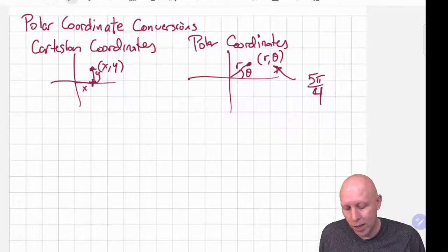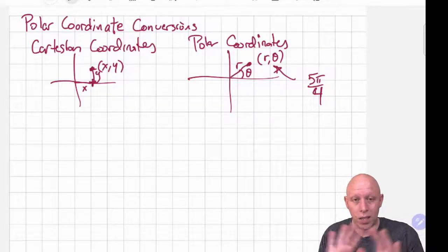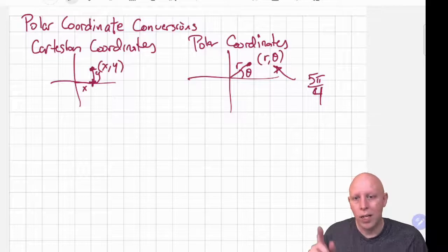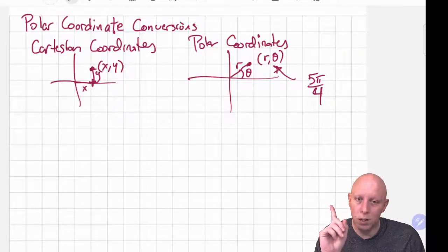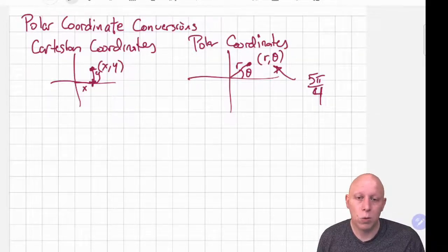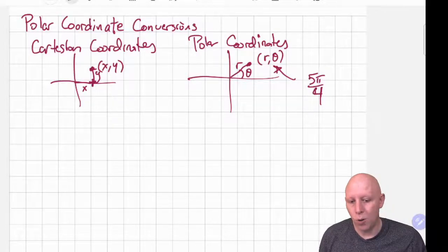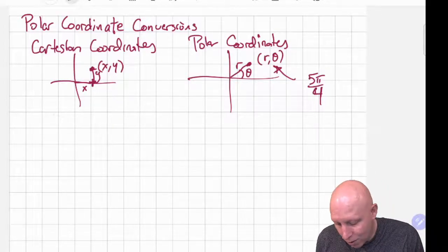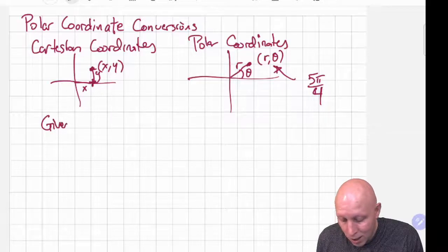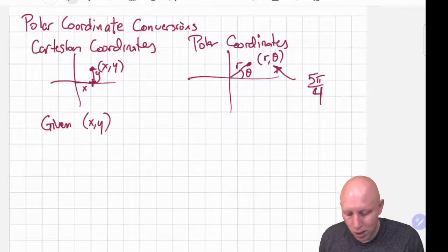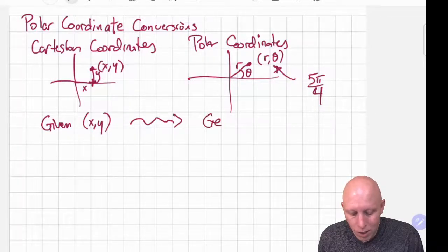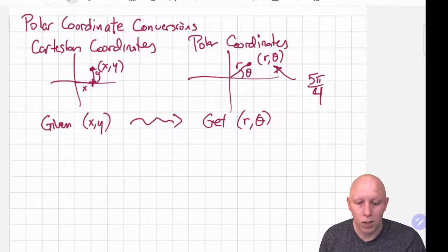All right, so one of the key things that we need to be able to do is to go between these two different coordinate systems. So let's say you're given a point that looks like (x, y) in Cartesian coordinates. What do we have to do to get a point (r, theta) in polar coordinates?